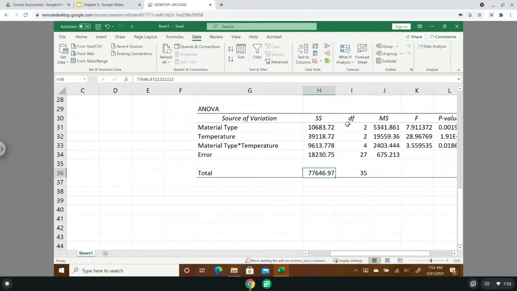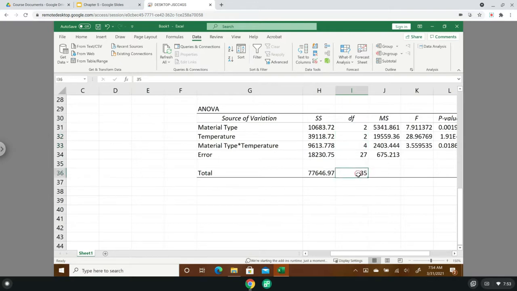Degrees of freedom for material type, because there are three material types, so 3 minus 1 is 2. Temperature degrees of freedom, again there are three settings for the temperature, so 3 minus 1 is 2. The interaction effects, basically the product of these two degrees of freedom, 4.